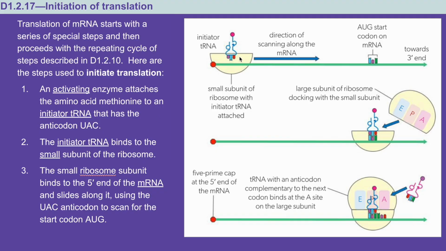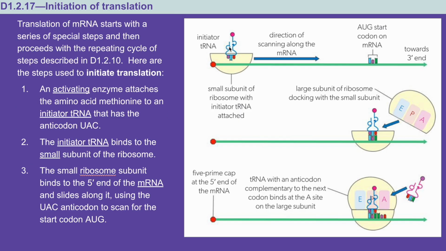Here you can see that bottom hamburger bun. So tRNA binds. The small ribosomal subunit then binds to the 5' end of the mRNA and starts sliding along it. It's using its UAC anticodon to scan for its complementary start codon AUG. Note that A and U are complementary, C and G are complementary.